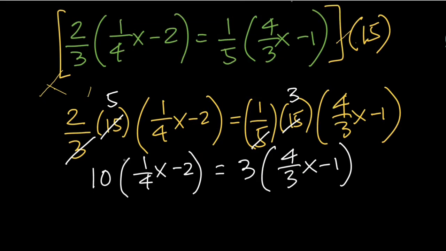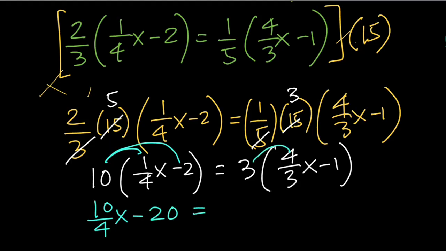We can distribute 10 here. So this would become 10 times 1/4 x is 10/4 x minus 20. Then this one, 3 times 4/3 x, the 3 cancels out, so we're left with only 4x.